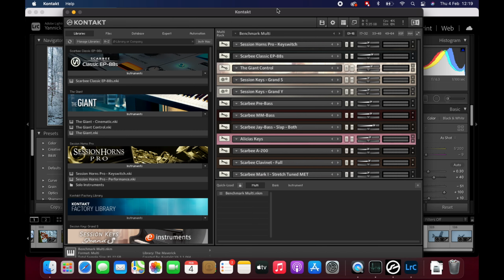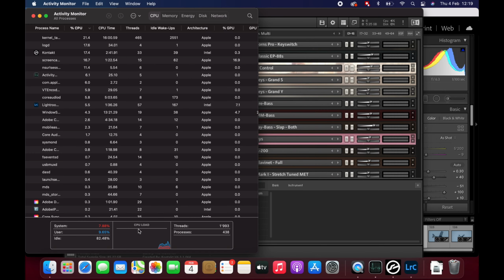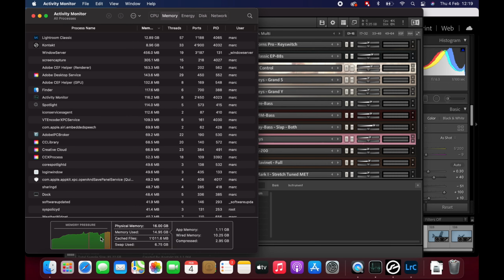Puts the system really under pressure if you have only 8 gigabytes. So for this kind of application, to be on the safe side and have not too much pressure on the memory, I would rather go with 16. We have now exceeded pressure because we have 12 gigabytes for Lightroom and still around 9 gigabytes for Kontakt.